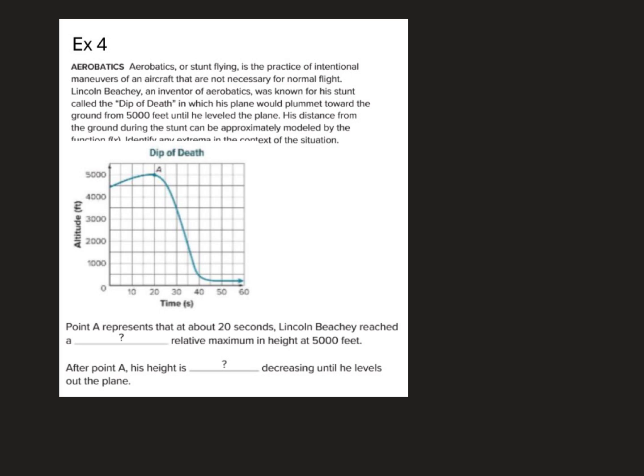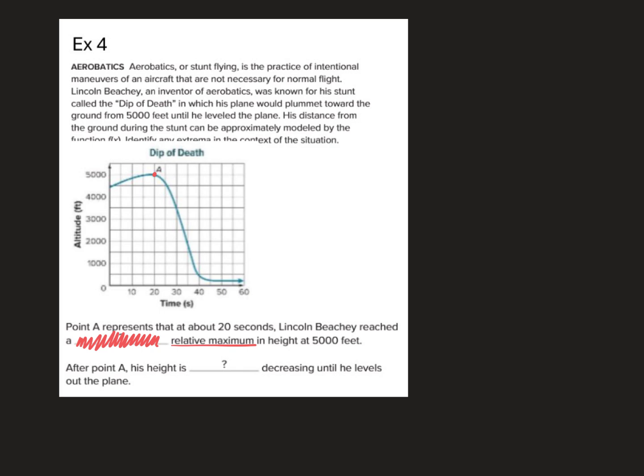I got this example from the textbook, and it seems as if they have answered this question for you, so you can mark this out. Reached a relative maximum in height at 5,000 feet. Since there's no other point higher around point A, then point A would be called a relative maximum.